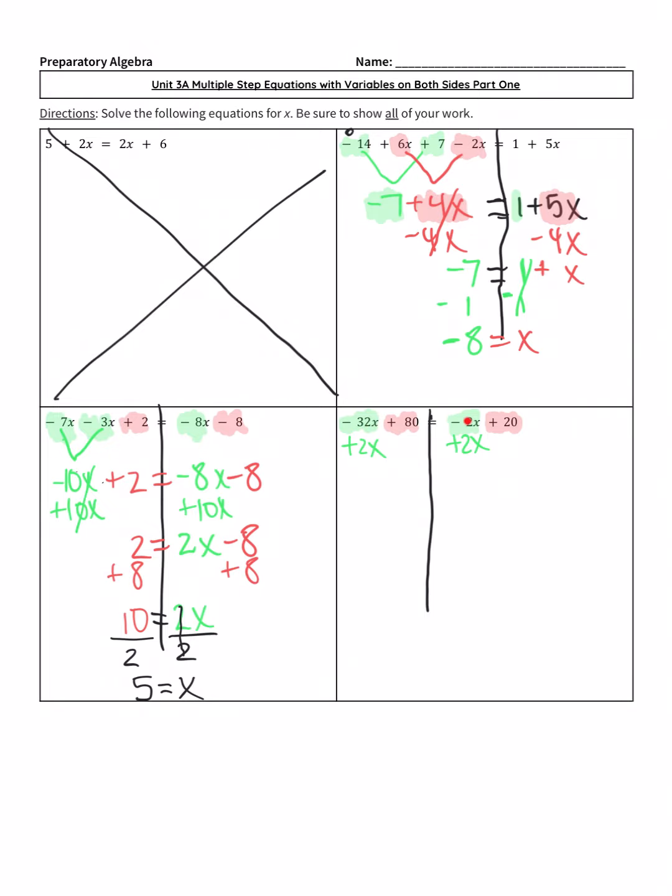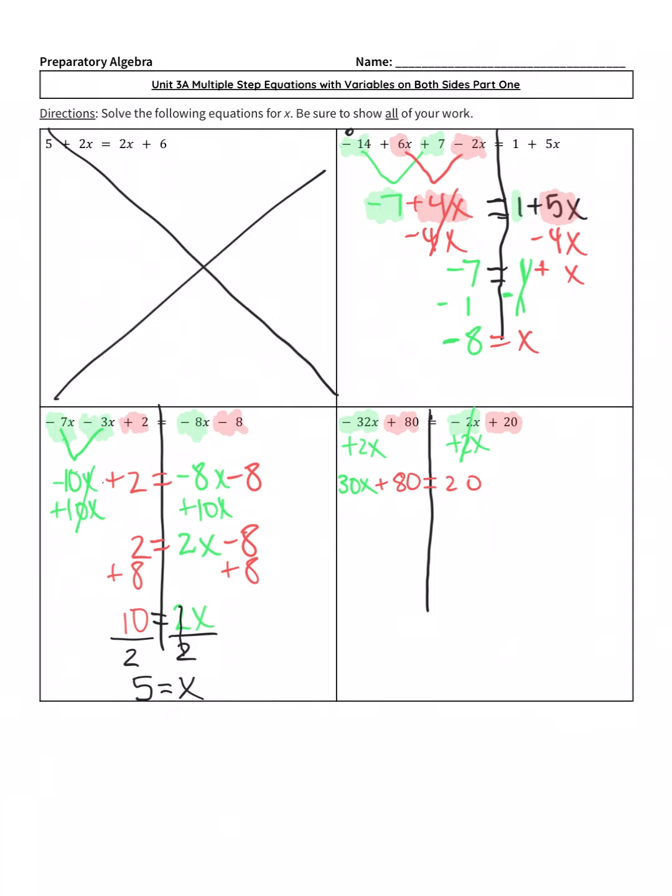Negative 2x plus positive 2x is equal to 0. So that is gone. Negative 32x plus 2x is equal to 30x. And I have not done anything to my other numbers, so I just need to record them. So plus 80 is equal to 20.